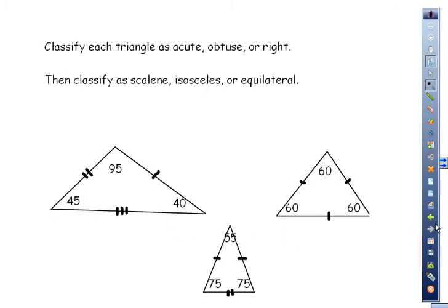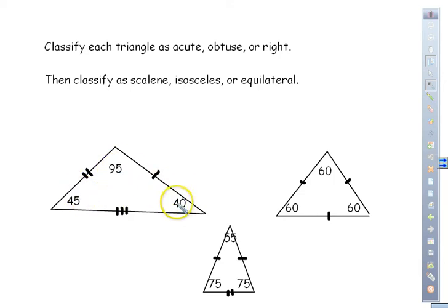Let's look at trying a few of these. I'm going to let you go ahead and do the first one here. So go ahead and hit pause, classify the triangle by its angles and then by its sides. Alright, classifying this by its angles, we're going to look at the angles themselves, and we see that none of them are the same.